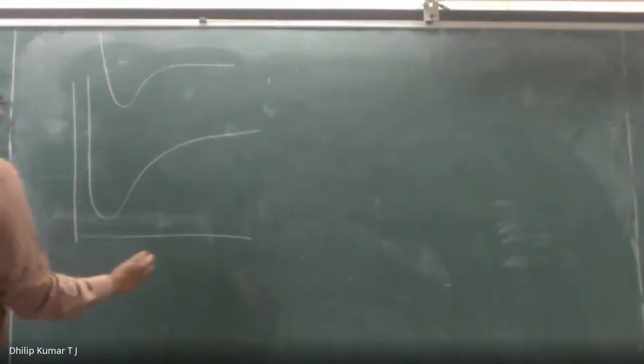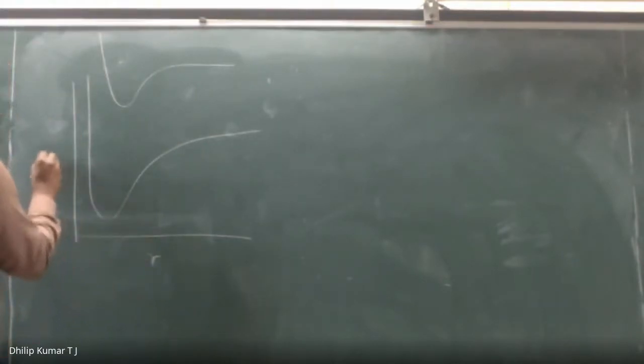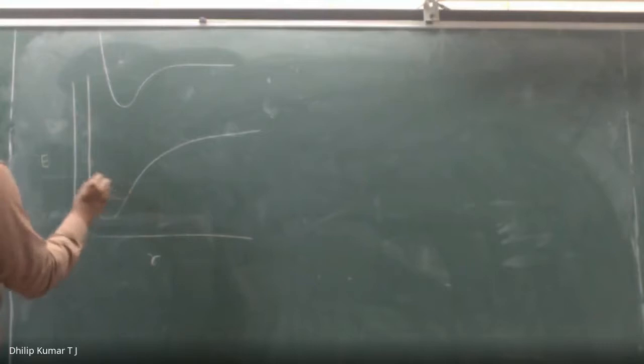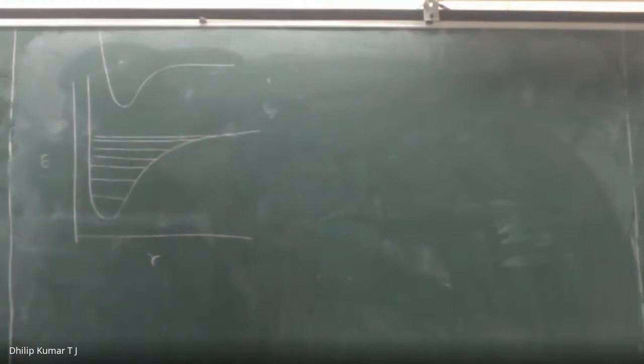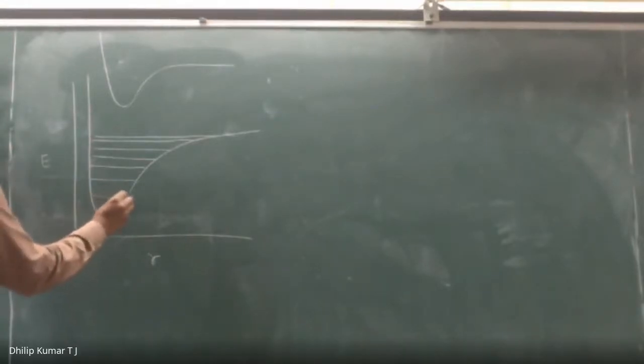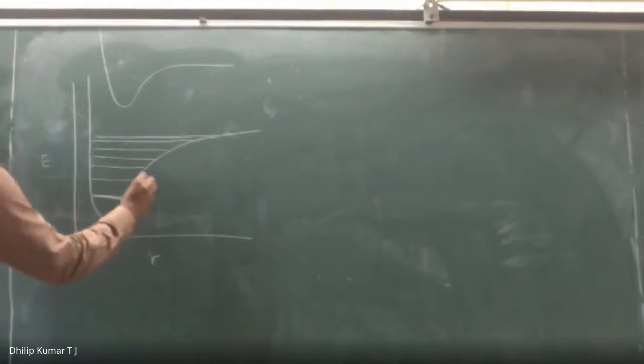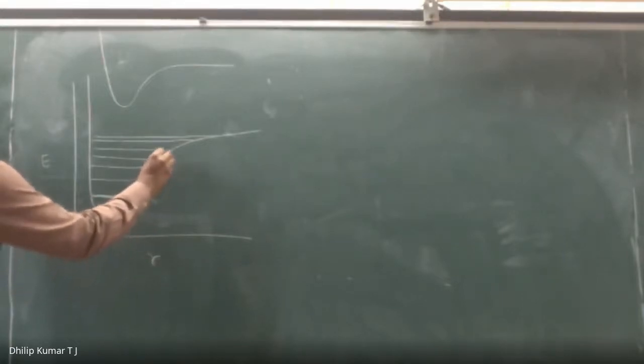So in a given molecule, say this is R, this is energy. You have various vibration levels, until the continuum just continues. So when light of frequency in the IR range falls on this molecule, and say the molecule is present in the ground state, v equal to 0, v equal to 1, like that, 2, 3.